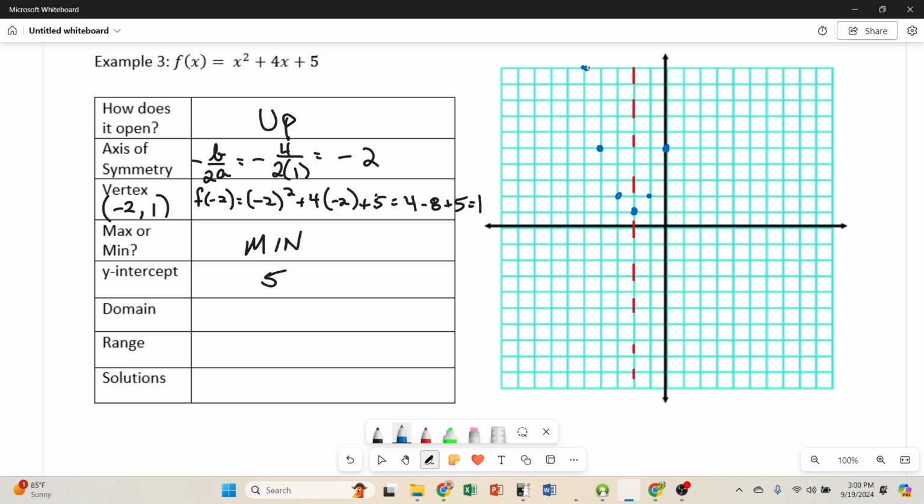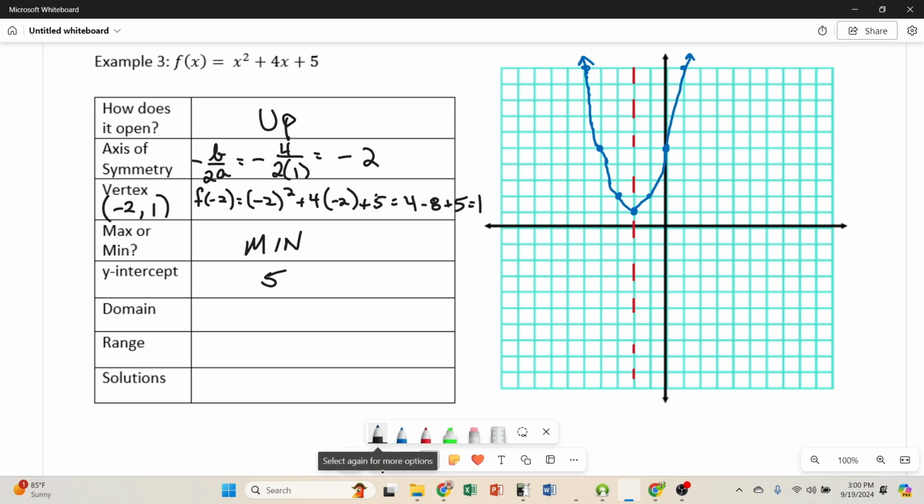And the next one's going to be up here, and here. And I find this way easier to draw on the paper than I do on this device that I use to make these videos.